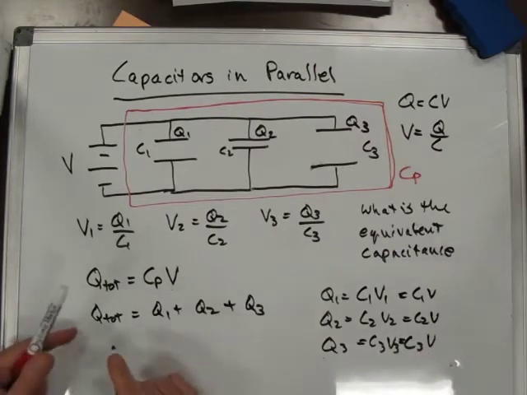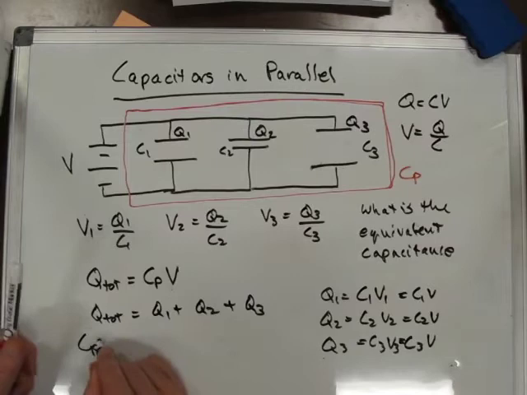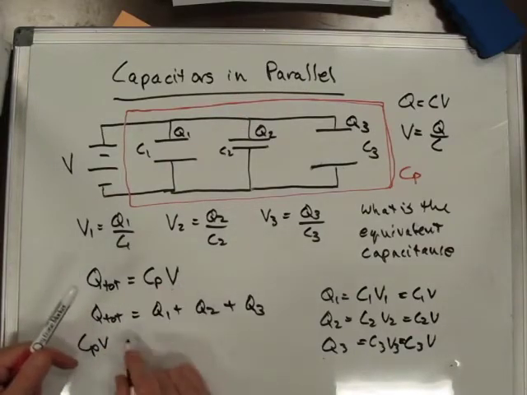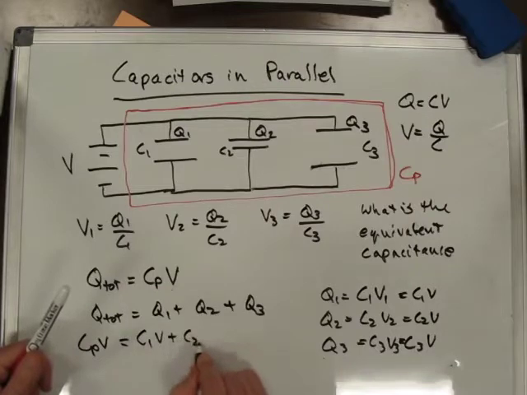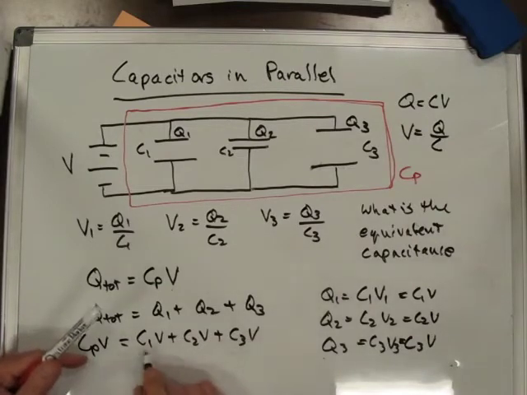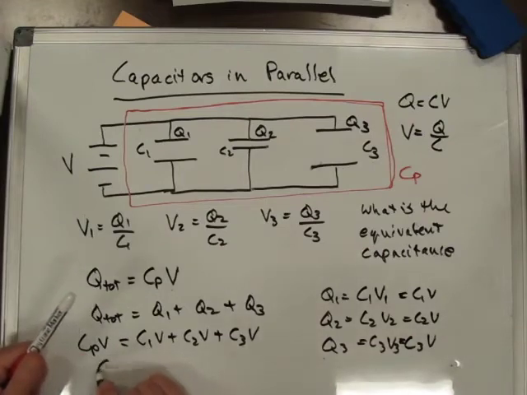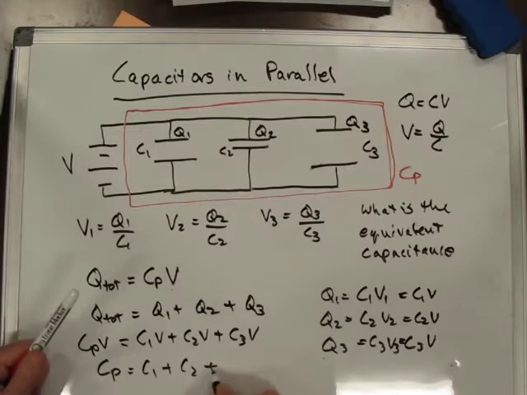Right? And that means that C parallel times V, that is to say Q total, which is that guy, is equal to C1V plus C2V plus C3V. Now all of the V's are the same and they all cancel, and so I get the parallel capacitance is C1 plus C2 plus C3.